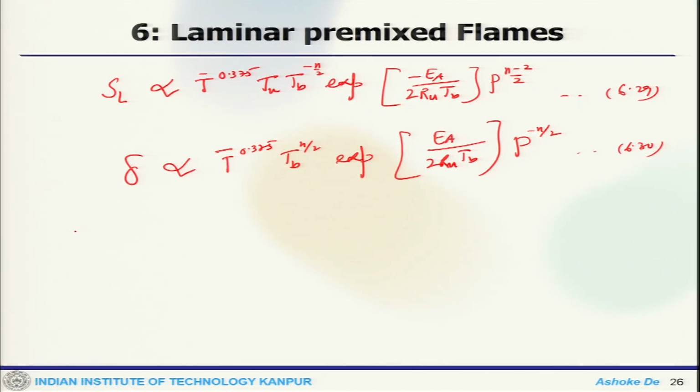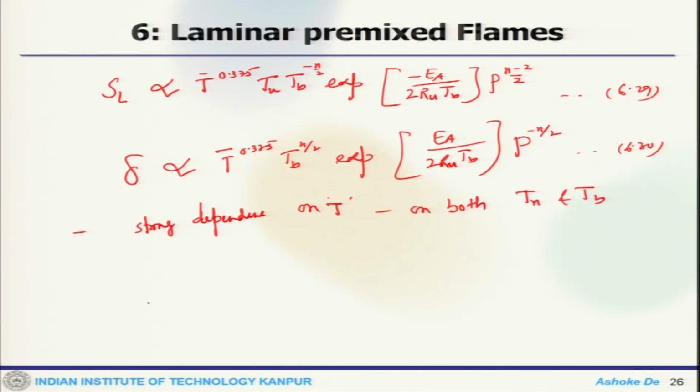What one can notice here is a strong dependence on both Tu and Tb, and the flame thickness delta is inversely proportional to SL.